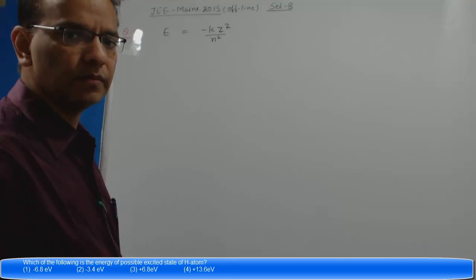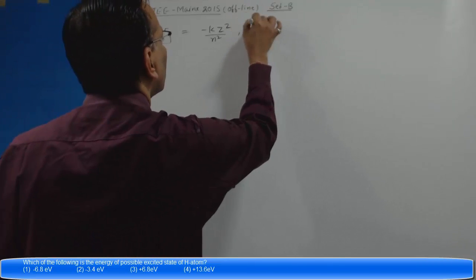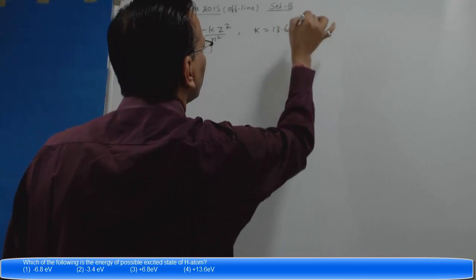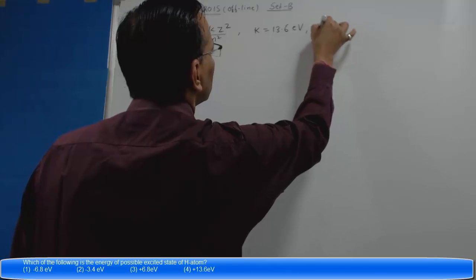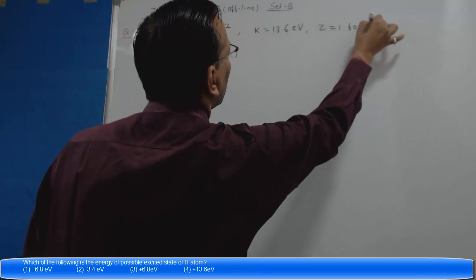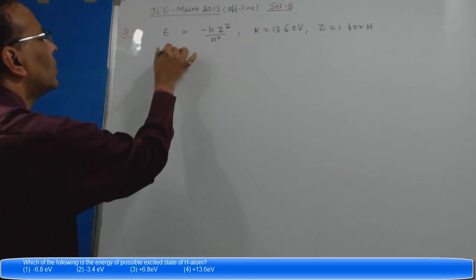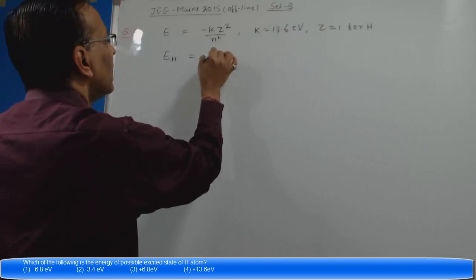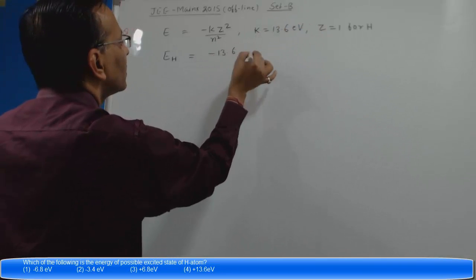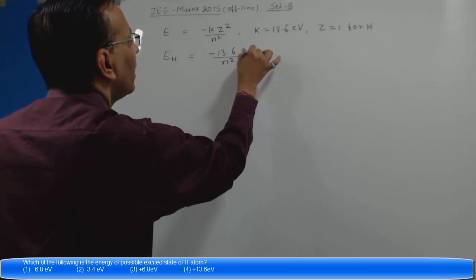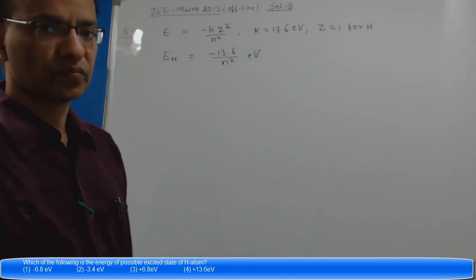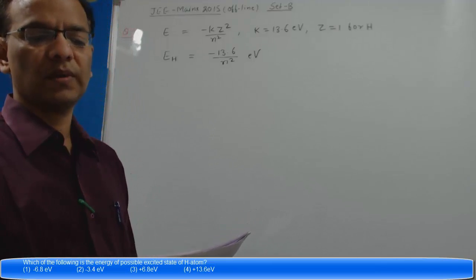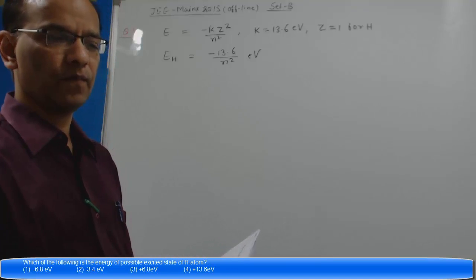And for a hydrogenic system, K is 13.6 electron volt, Z is 1 for hydrogen. So this E for hydrogen atom can now be written with this constant as minus 13.6 upon n square electron volt. The question is, I am repeating, which of the following is the energy of a possible excited state of hydrogen atom?